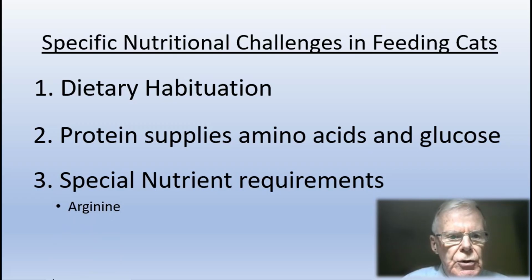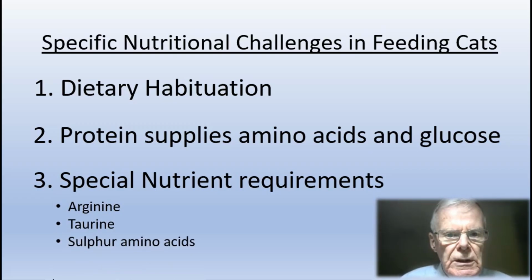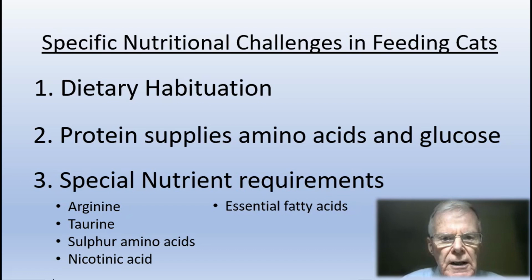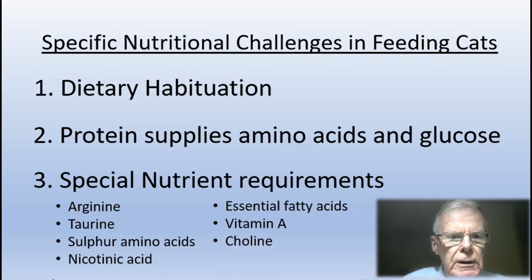The specific requirements are for a dietary supply of arginine, taurine, a higher requirement for sulfur-containing amino acids, for nicotinic acid, and for a specific range of unsaturated fatty acids, particularly arachidonic acid, and also for preformed vitamin A, for choline, and for vitamin D, as the cat is unable to obtain vitamin D by skin exposure to the sun.